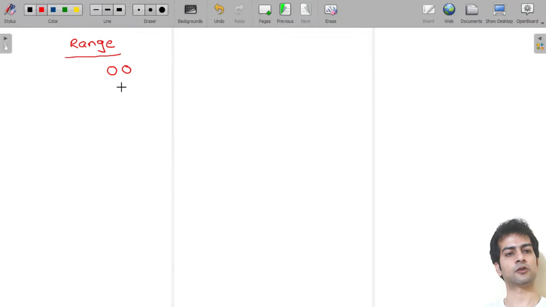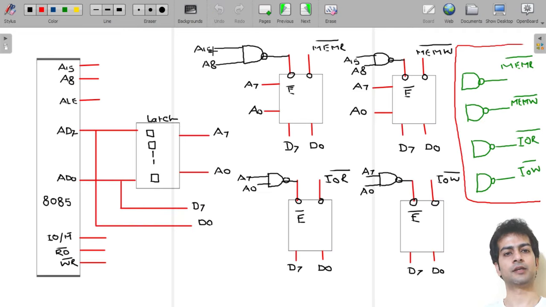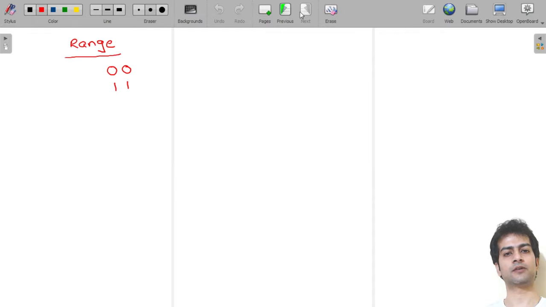It will be 0, 0, 1, 1, and here we will have all 1s. So it will be something like this, or I can write it this way also: FF00 to FF11.